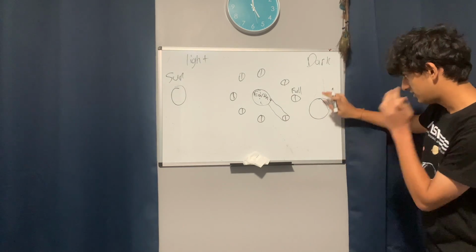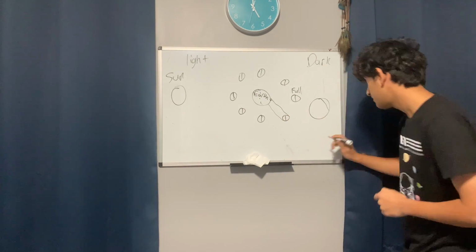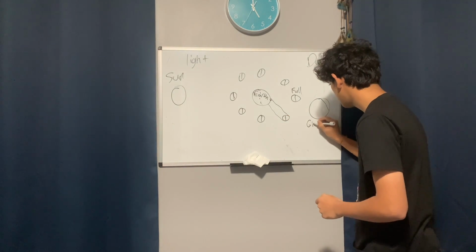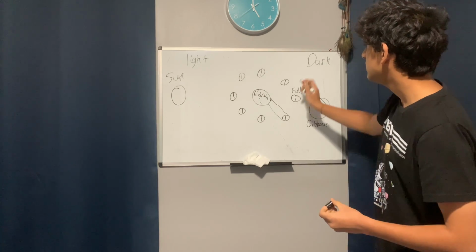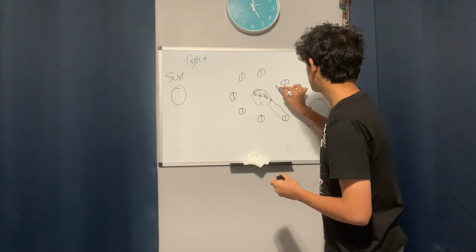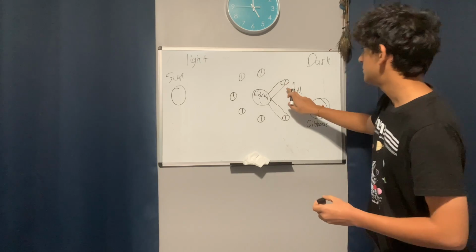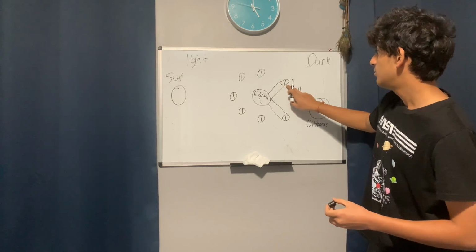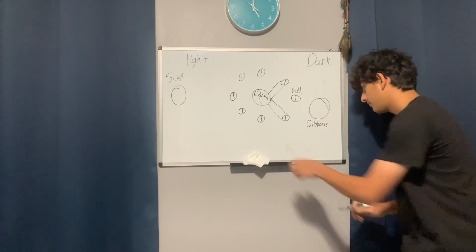You'll see a little bit of darkness here, a little bit of lightness here. And it can be either waxing or waning, depending on which side you're on. So over here, your view would see mostly light, but a little bit of dark side. So you'll see something like this as well.